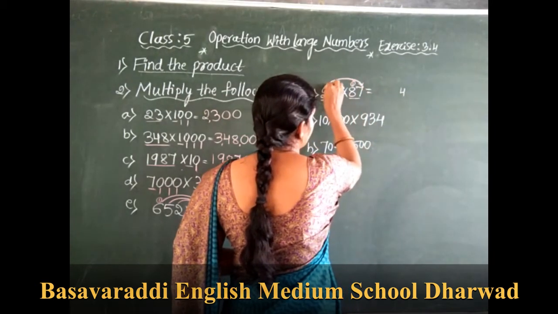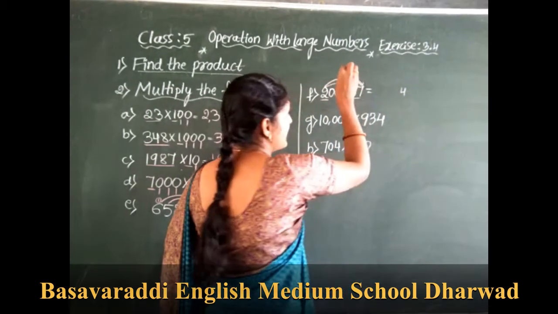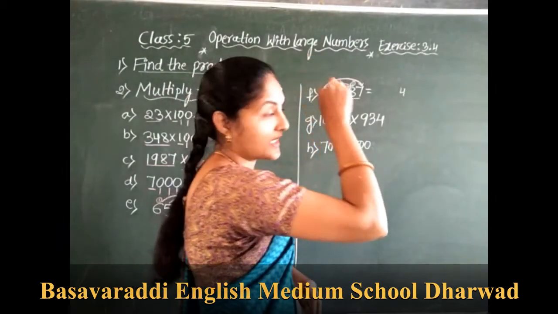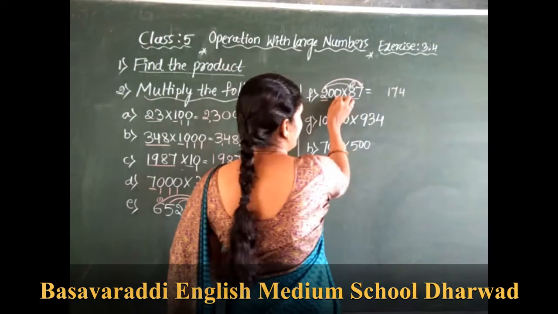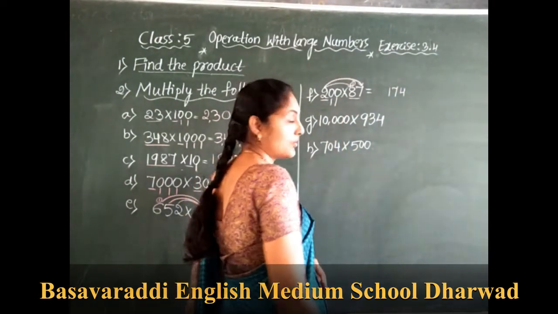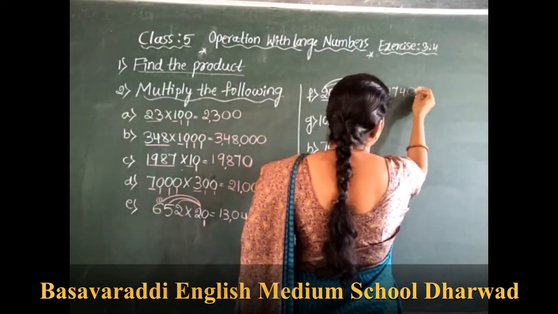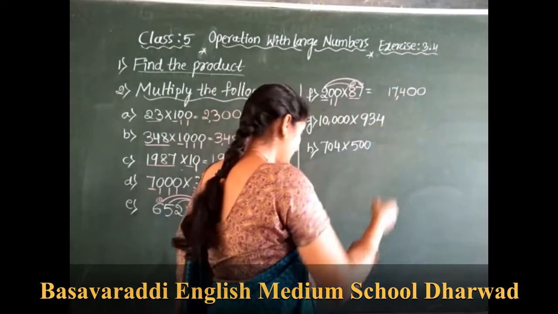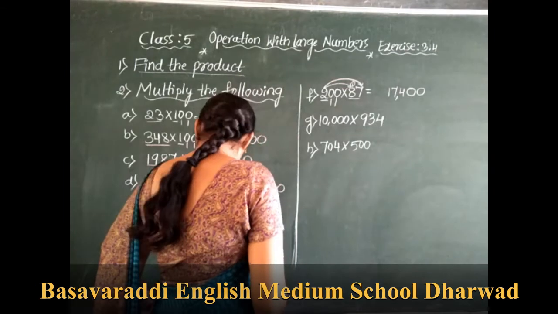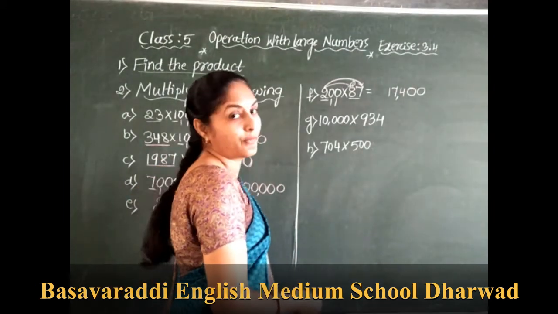Next, 2 8s are 16. 16 plus 1 is 17. How many zeros there? 2 zeros. So put the 2 zeros. That is 17,400.